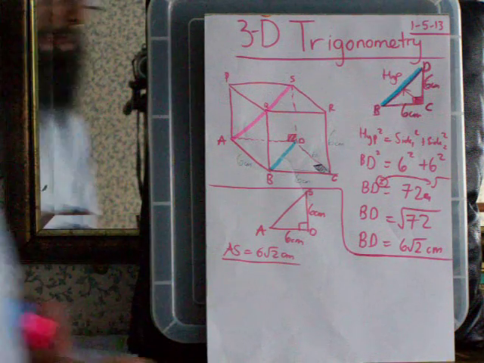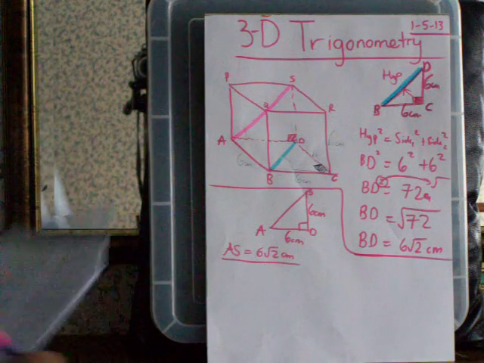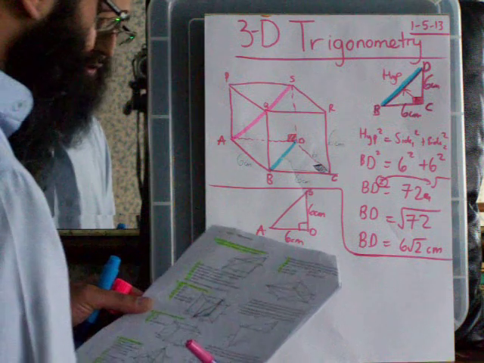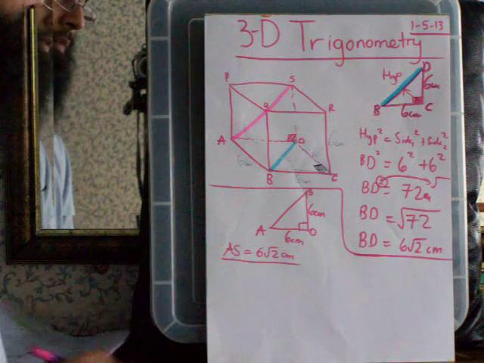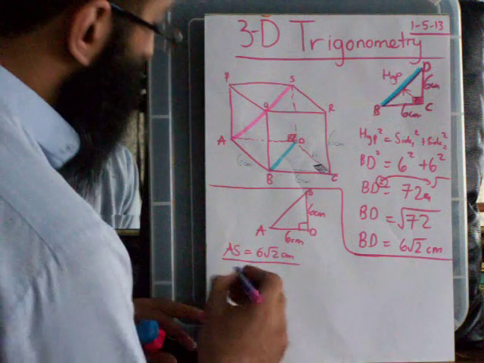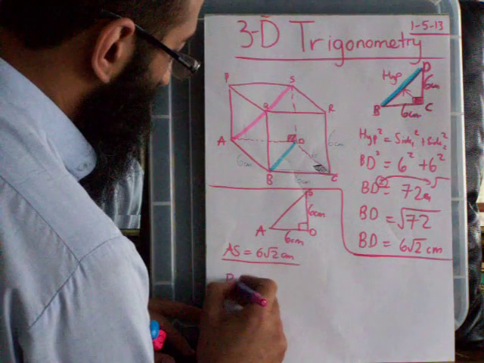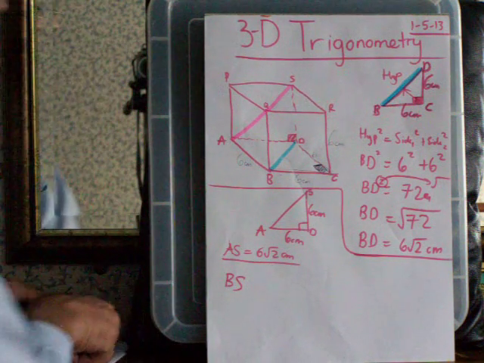So we've just worked out 2 lengths. Now we have to work out BS. I'm going to use a different colour.